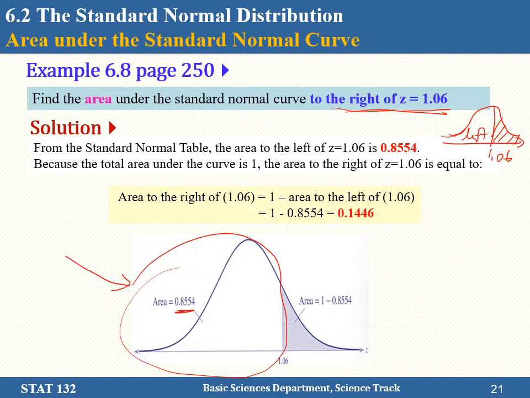We found it from the table, and we subtract it from 1. If you have difficulty understanding it, please look at the previous questions, because I'm doing this about 3 or 4 times now. So please check the previous examples. This will be the answer.